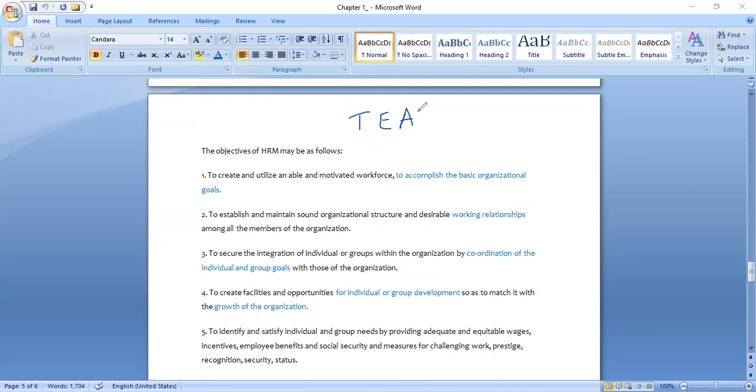Anyone to tell us what it means? Anyone who knows what team means? All right.